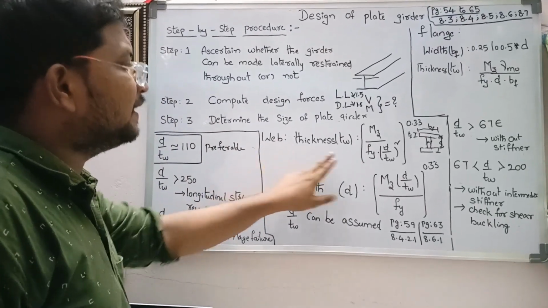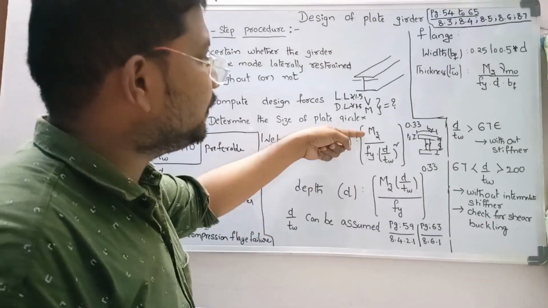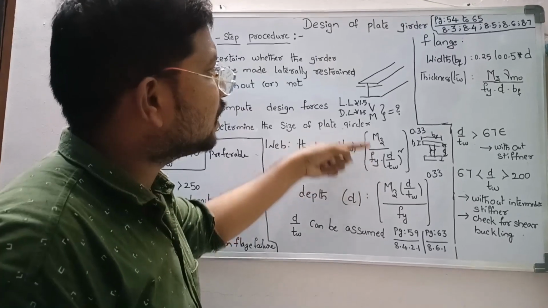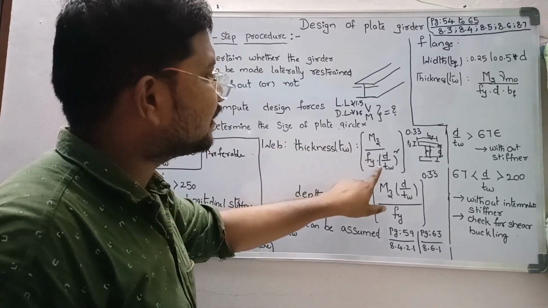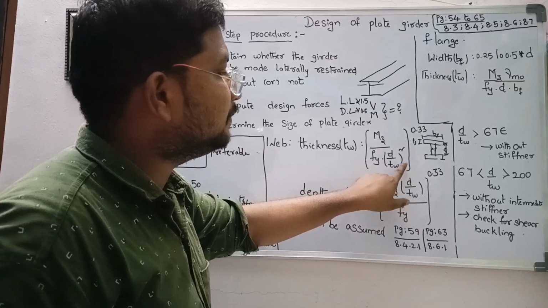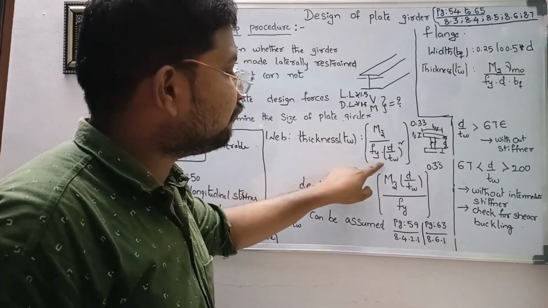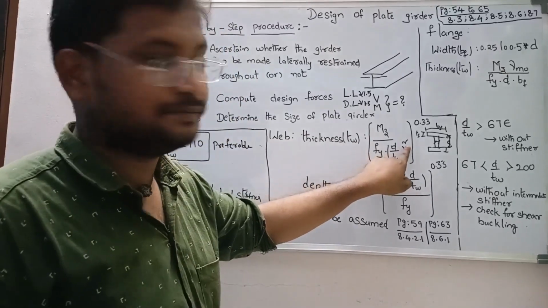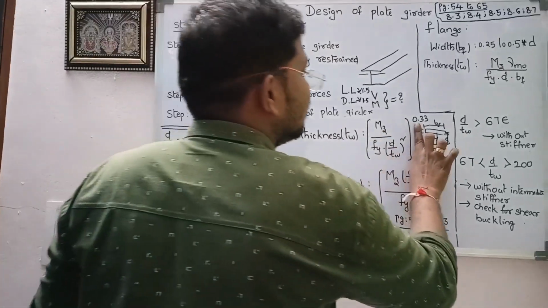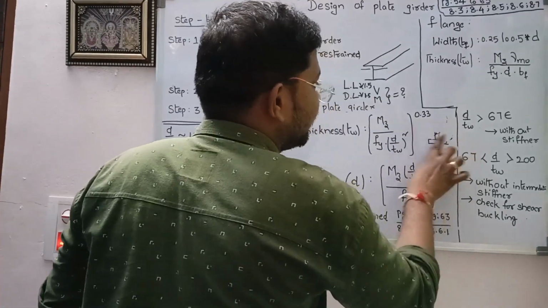Thickness of the web tw is equal to (Mz by fy, d by tw square) power of 0.33.